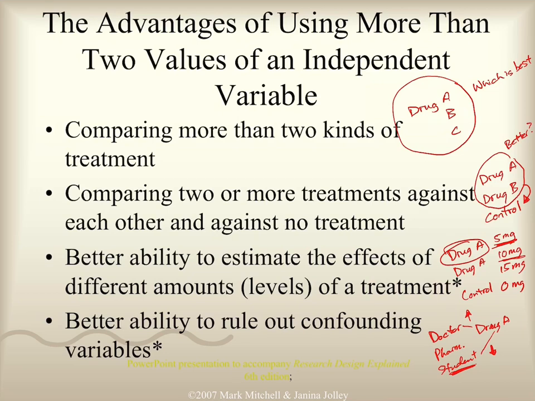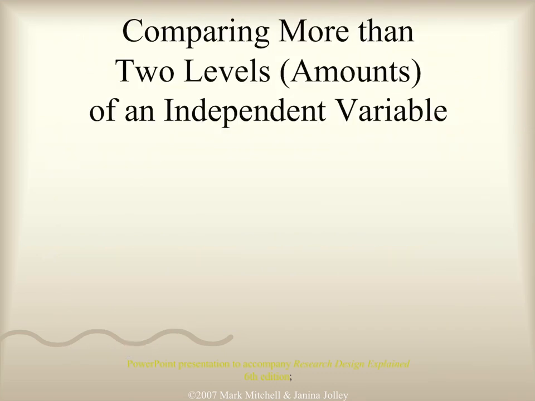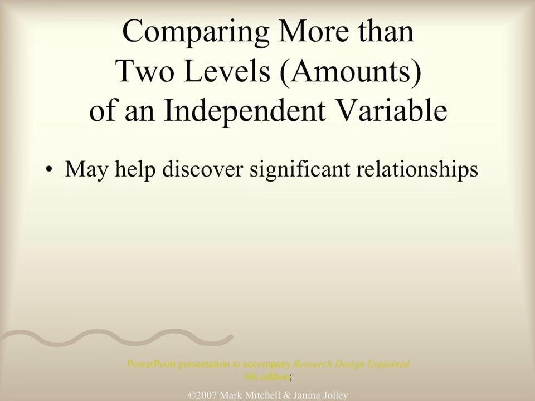So why might we compare more than 2 levels of an independent variable? Well, there's a few reasons. Remember, that's where we give 5 milligrams versus 10 versus 15. Well, one reason is that it might help us to actually discover significant relationships. It might be that 5 milligrams is no different than 0 milligrams in terms of happiness.